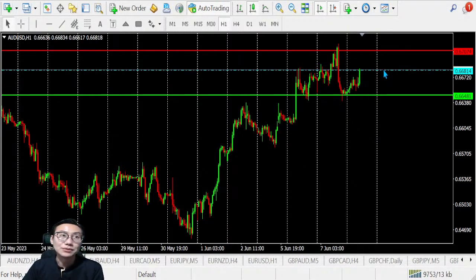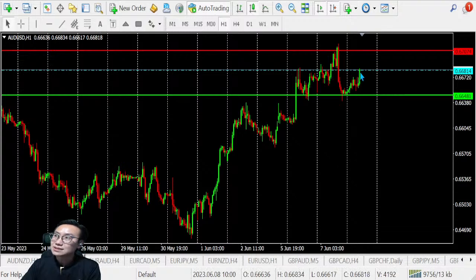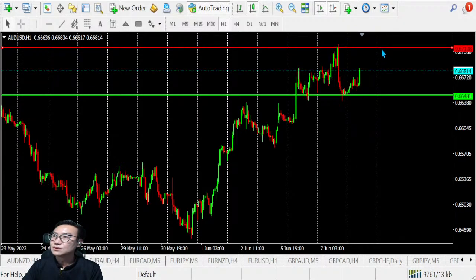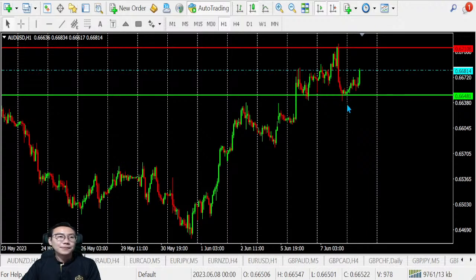I will say it can be temporary. But what if there's support? If there is any support set up above 66.814, then we will see if it's still going up to test the resistance up there. True, they go up to go down, and go down before it goes up. Indeed, that's correct.